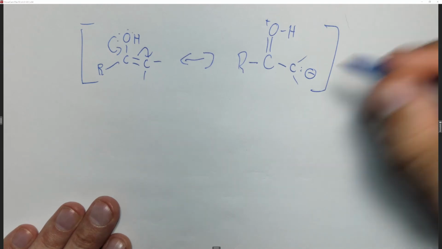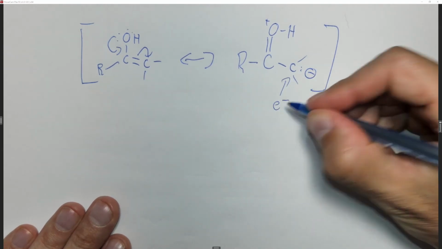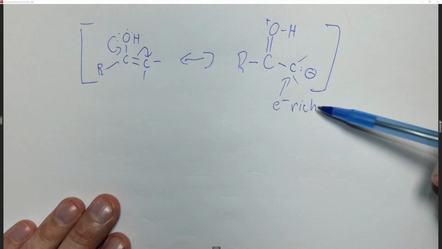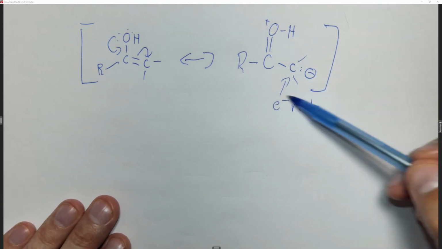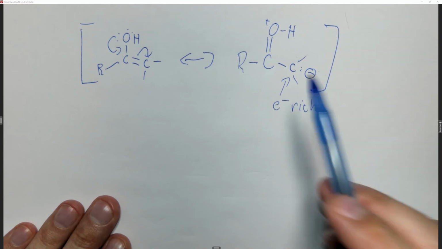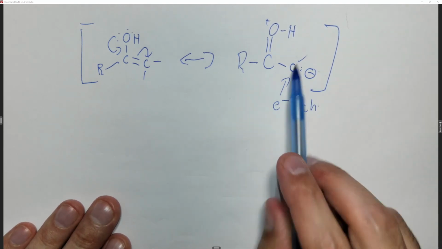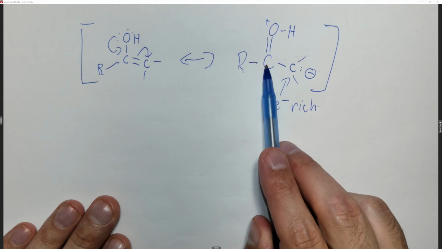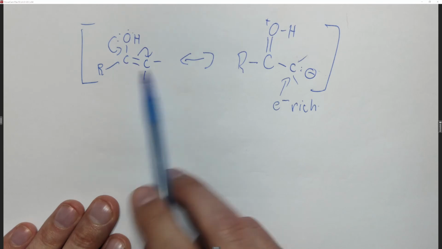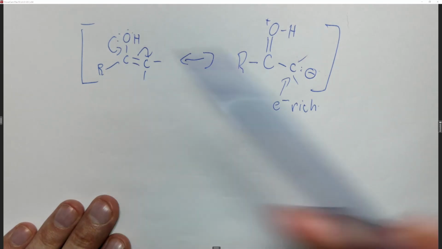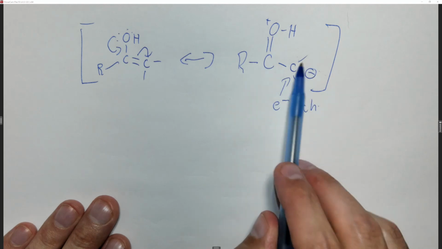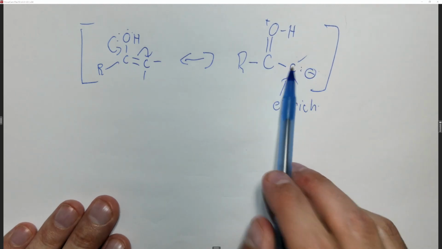Said another way, this carbon is electron rich. Said an additional way, this electron-rich carbon could interact with electrophiles. And you'll notice that this electron-rich carbon is exactly one carbon away from our original ketone. Because remember, this is just the tautomer of the ketone as we talked about before. So this molecule is electron-rich at the alpha position.